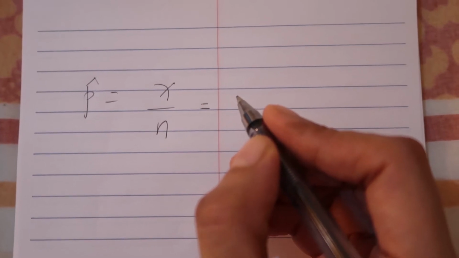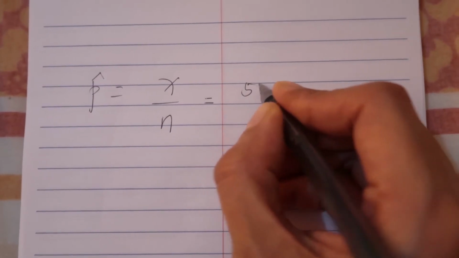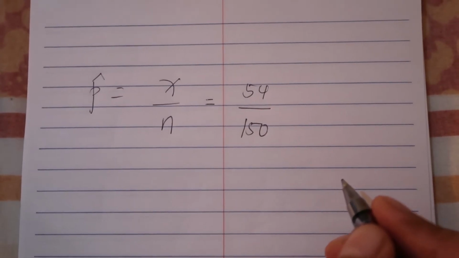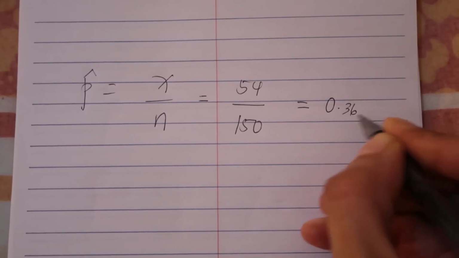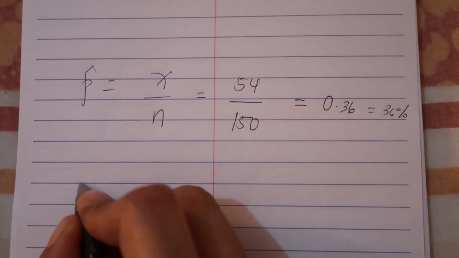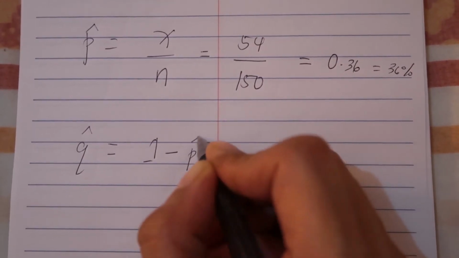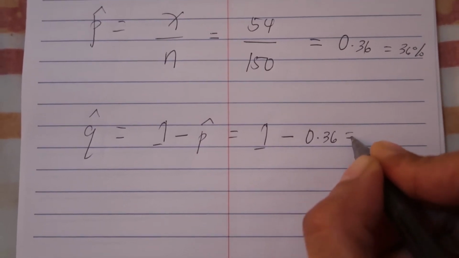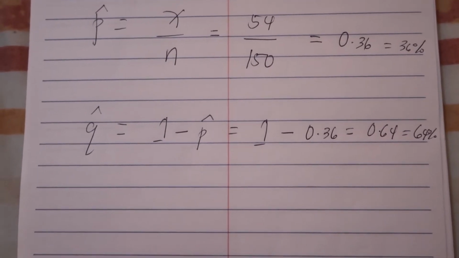In this problem, 54 had central air conditioning out of 150 households. So your sample proportion is 0.36, or 36%. And then your Q hat will be 1 minus P hat, so 1 minus 0.36, that will be 0.64, or simply 64%.